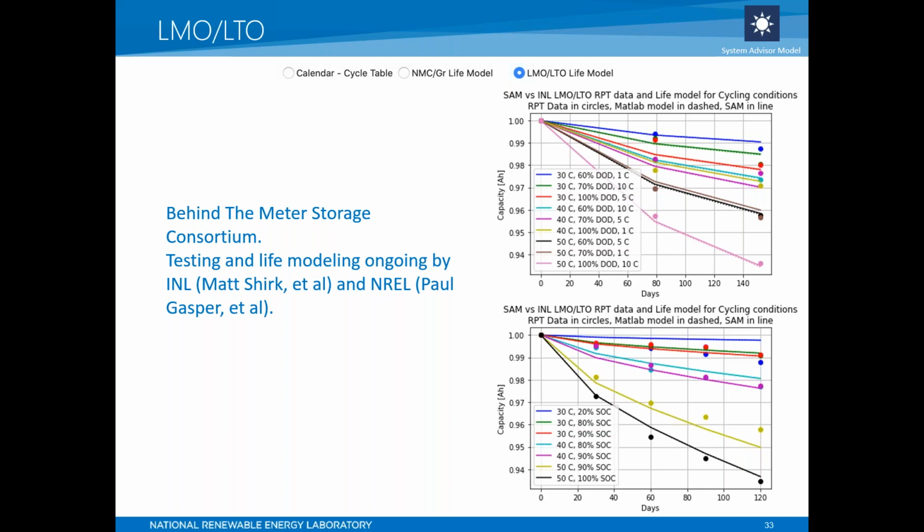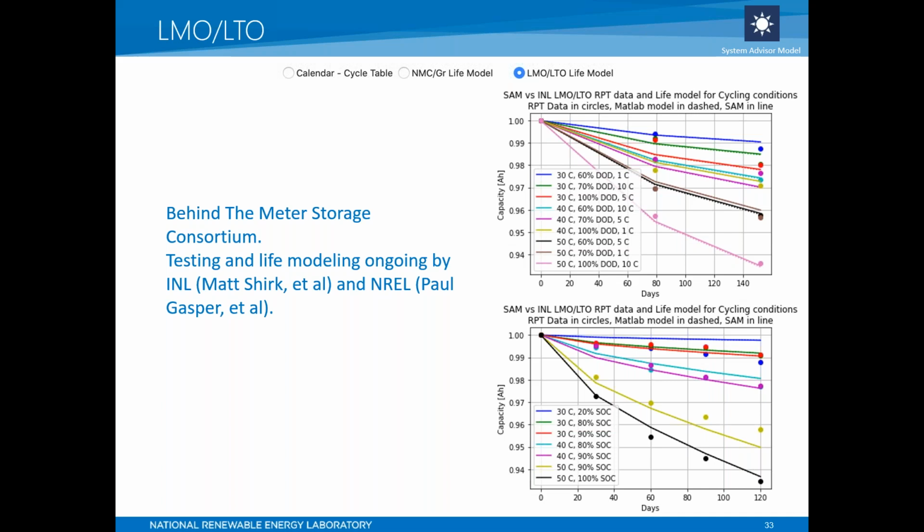But what we have here is a similar comparison of the lab collected RPT data in circles, the original MATLAB model in dashed, and the SAM implementation in the solid lines. And we see here that the agreement is also very good.